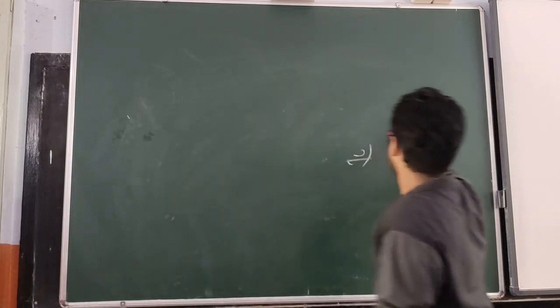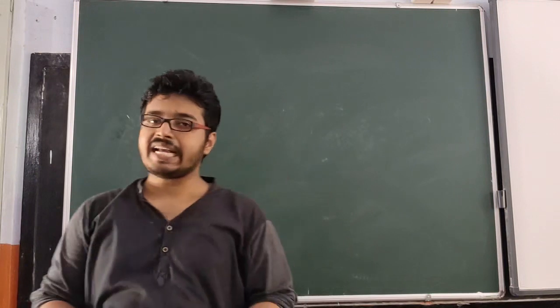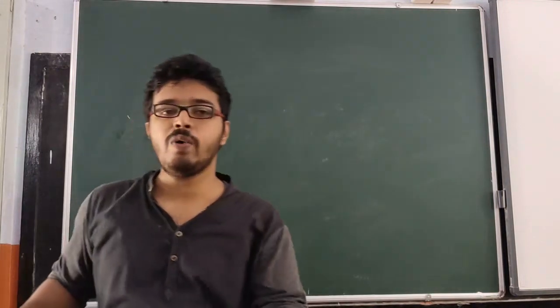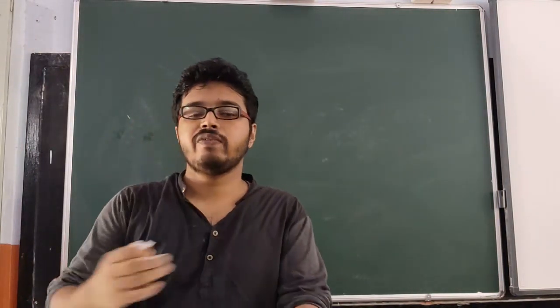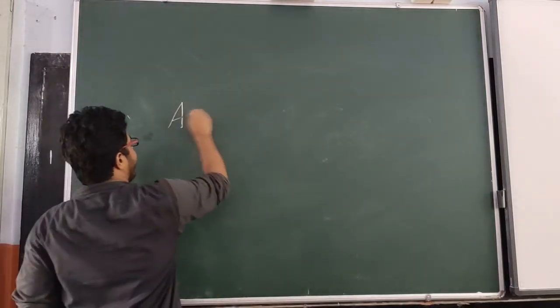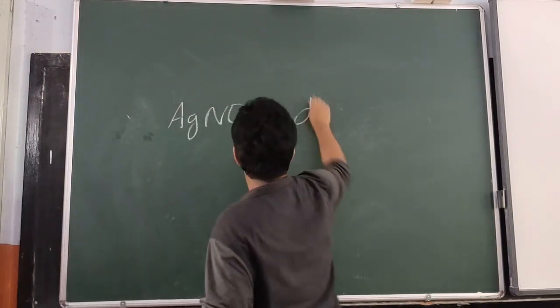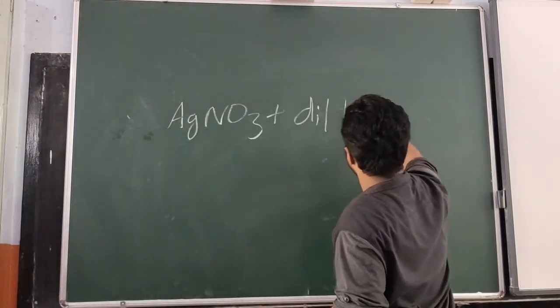Now we are going to the second test. This one we have already discussed as one of the precipitation reactions of HCl, that is AgNO3 plus dilute HCl.